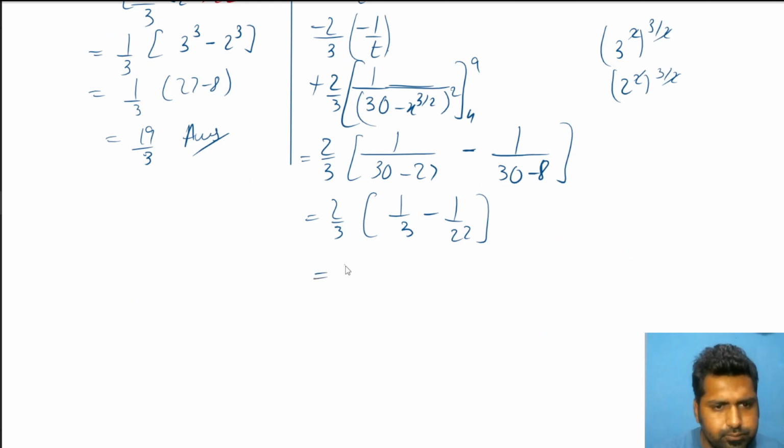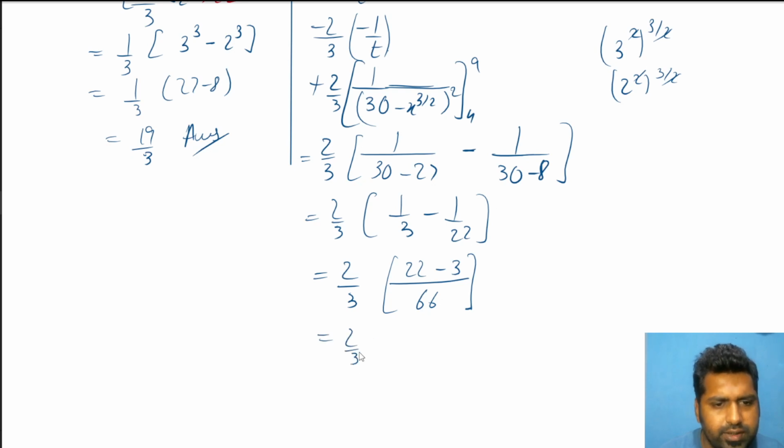2 by 3, this becomes 11, 3, 33. 11 minus 66. 22 minus this one becomes 3.